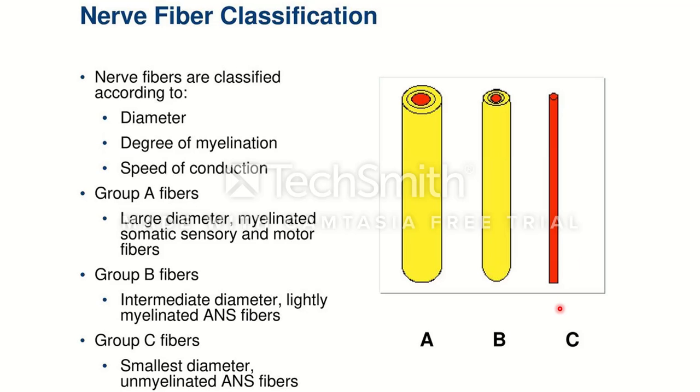Also, we can see pain neurons, the sensory neurons that transmit pain, but the type of pain that these neurons convey is different from the type of pain that the sensory neurons in the other two types conduct.